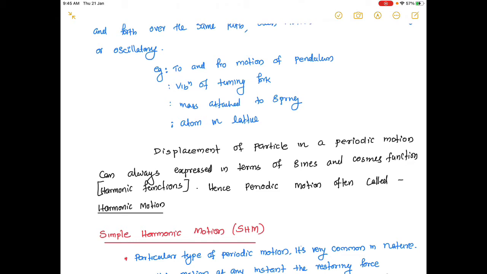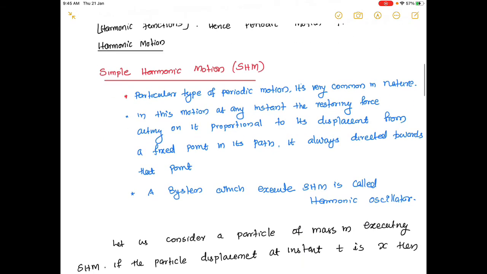The sine and cosine we also call harmonic functions. That is why periodic motion is often called harmonic motion. So this is some introduction, which we already discussed in the last session. Next we are going to simple harmonic motion.